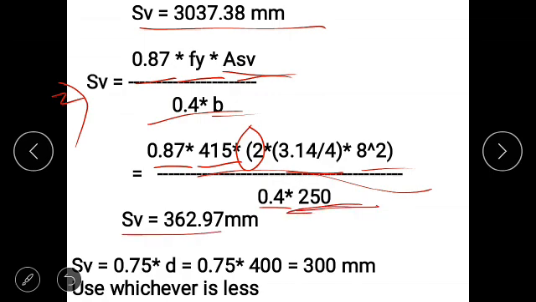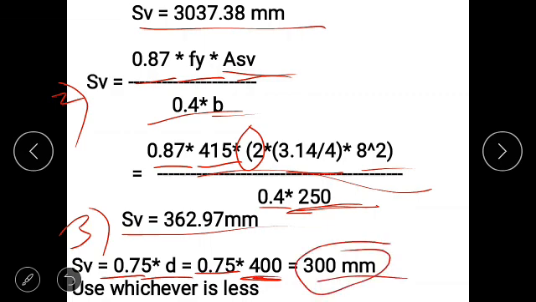So the answer of SV is 362.97. Third, SV is 0.75 into D. D is 400, so the answer is 300 mm.